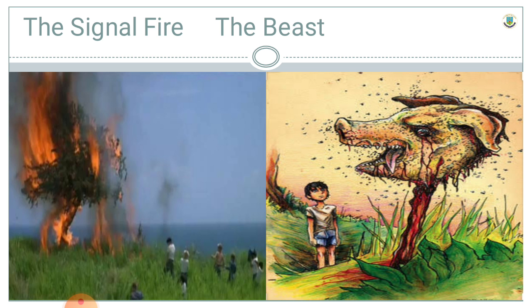As the boys grow more and more savage, their belief in the beast grows. The boys' behavior is what brings the beast into existence. So the more savagely the boys act, the more real the beast seems to become.